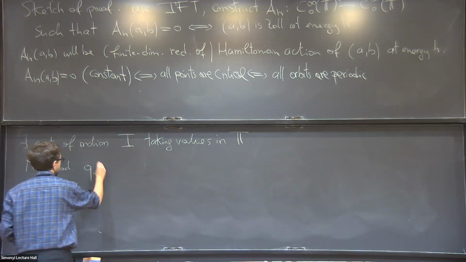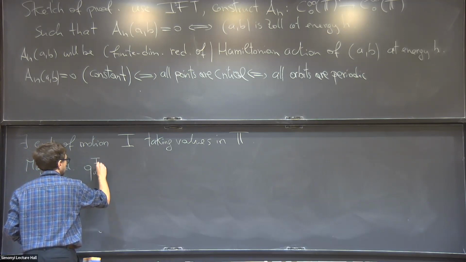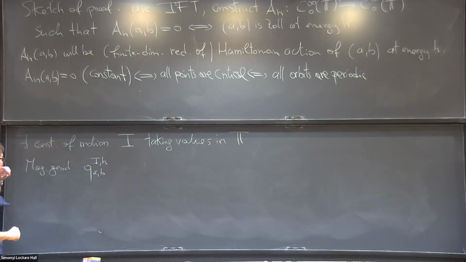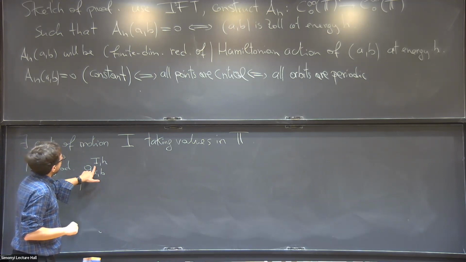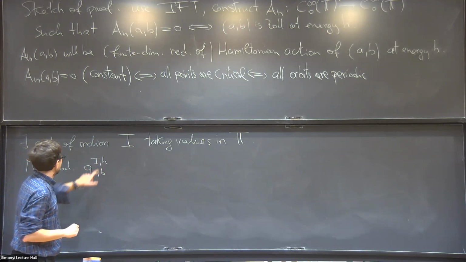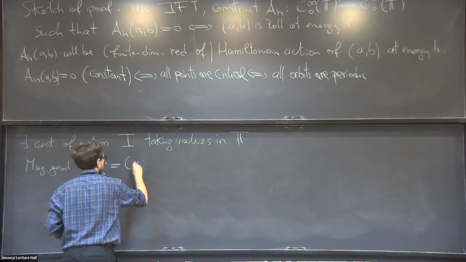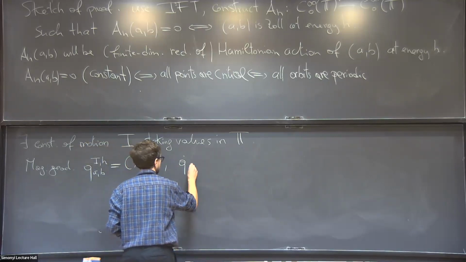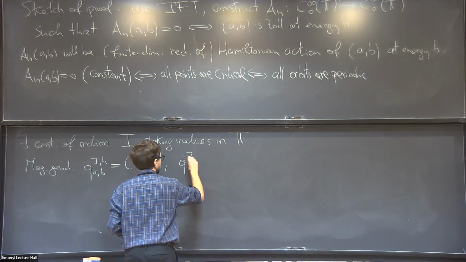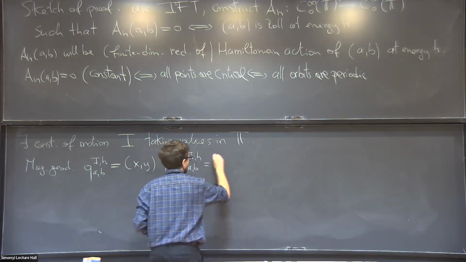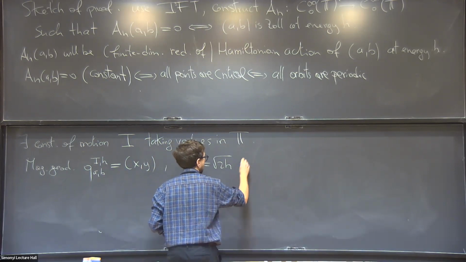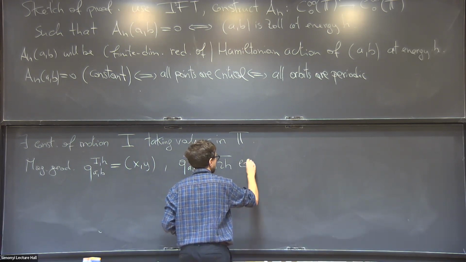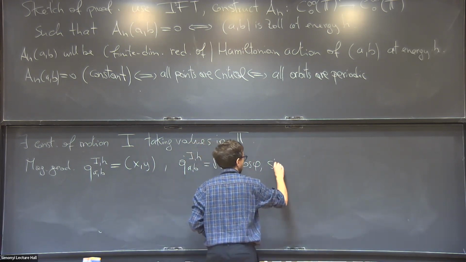So now if I take magnetic geodesics for the pair AB, I can just look at those which have energy h and integral of motion I. We have coordinates, and the velocity will be speed times an angle phi with respect to the x-axis.